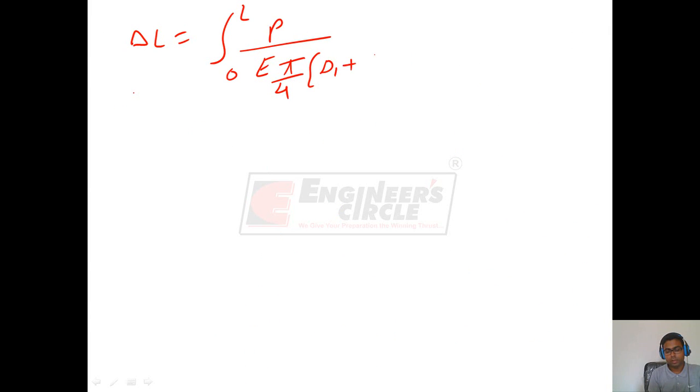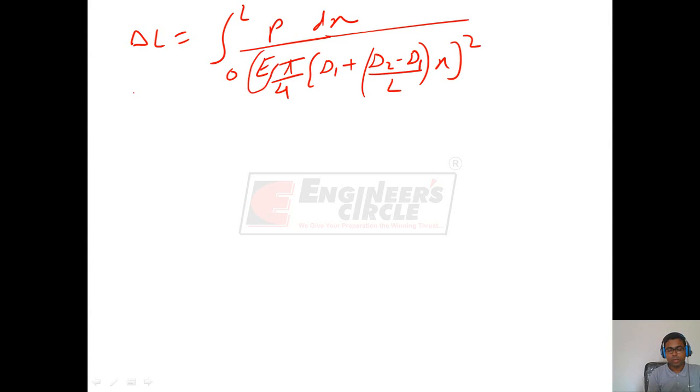We get delta L is equal to integration 0 to L P by E into area, which will be pi by 4 into (d1 plus (d2 minus d1) by L into x) whole square into dx. Now integrating this, assuming that E is constant as it is given, and P is a constant value, we can take them out.